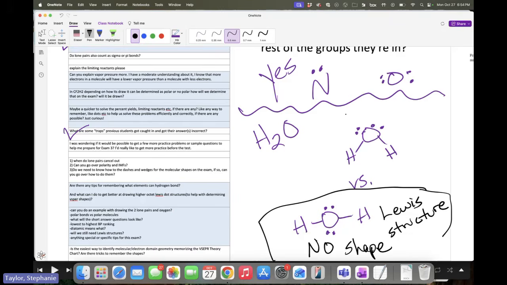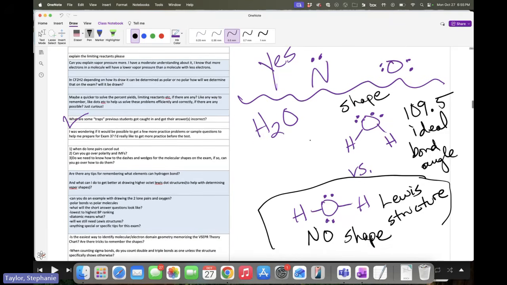This thing on the top gives you some information about shape. So this should be 109.5 as an ideal bond angle. But when you draw it, sometimes you're like, oh, look, shouldn't this just be linear? And it's not. This thing is bent.